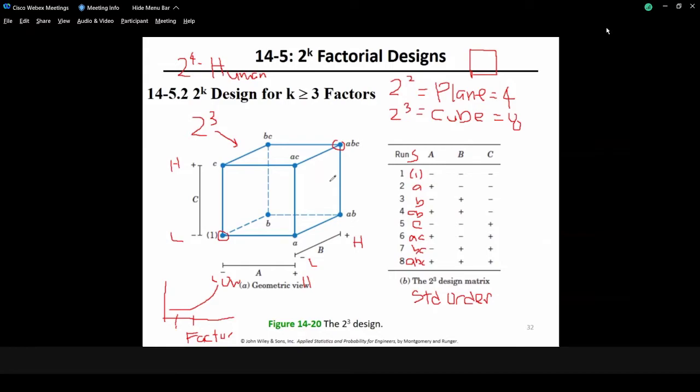But mathematically, we can derive. For example, if we talk about 2^4, then you just add here: A, B, C, D, 4. Then E, 5. Similar thing. Just continue.